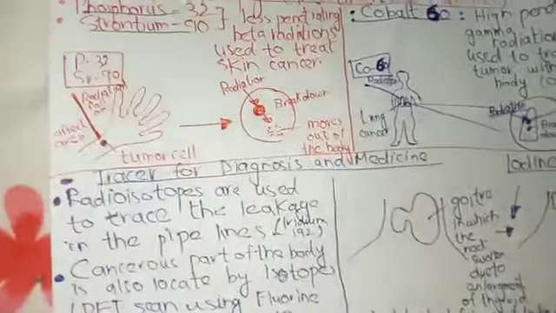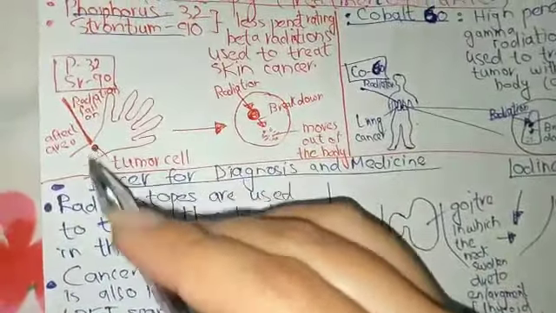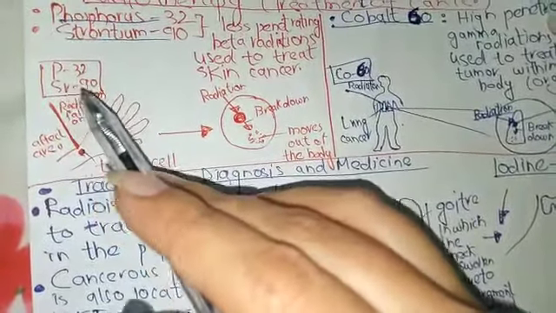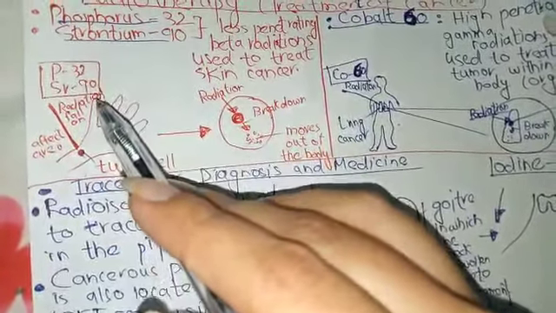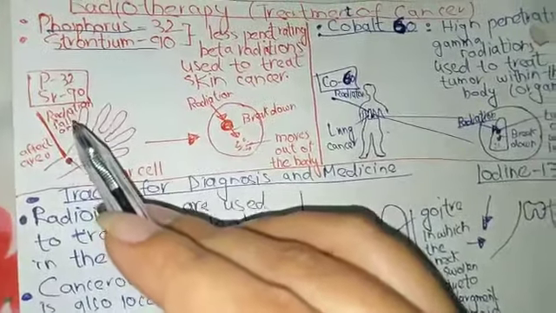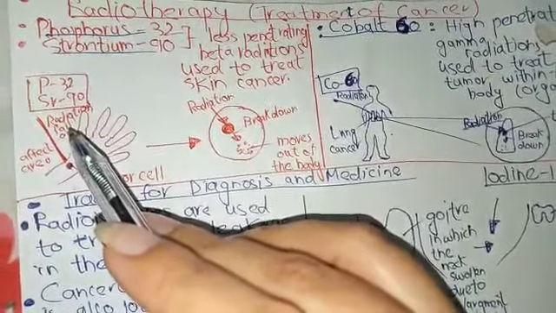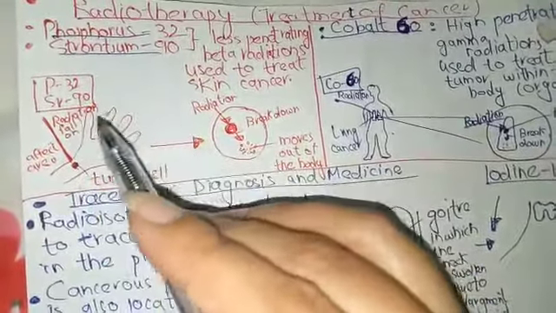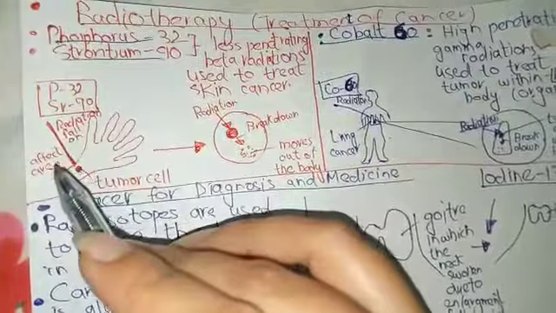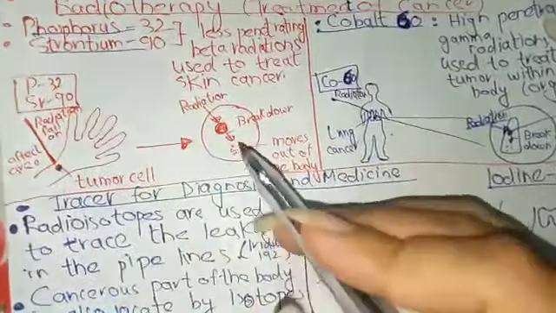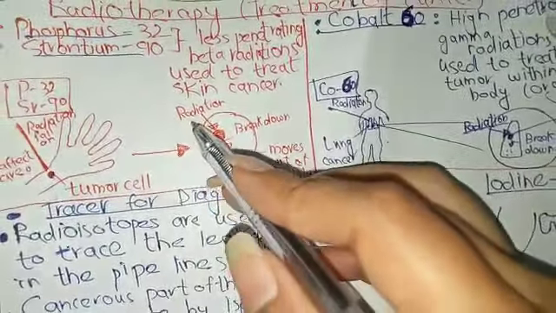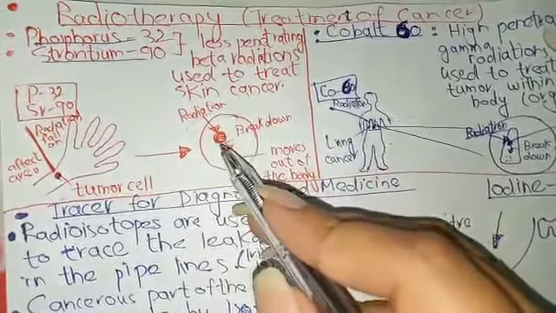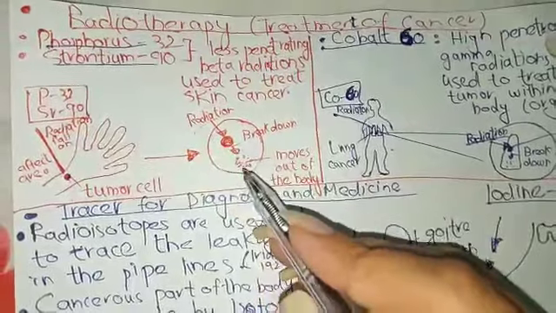Now class, just look at this. Here this is the tumor cell. We will use phosphorus 32 and strontium 90, and the radiations emitted by them are less penetrating beta radiation. When these less penetrating beta radiations fall on the affected area only, as soon as they strike the cancerous cell or the tumor cell, the tumor cell breaks down into pieces.